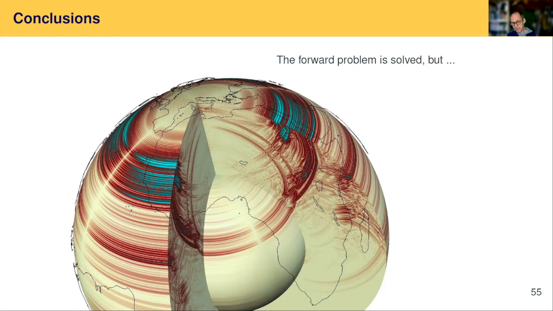Some methods are easier to mesh. A major statement is that tetrahedral meshes are much easier to generate than hexahedral meshes, but then tetrahedral algorithms are more expensive. So there's a trade-off. The forward problem is solved, in quotation marks, but there still remain a lot of things to do.